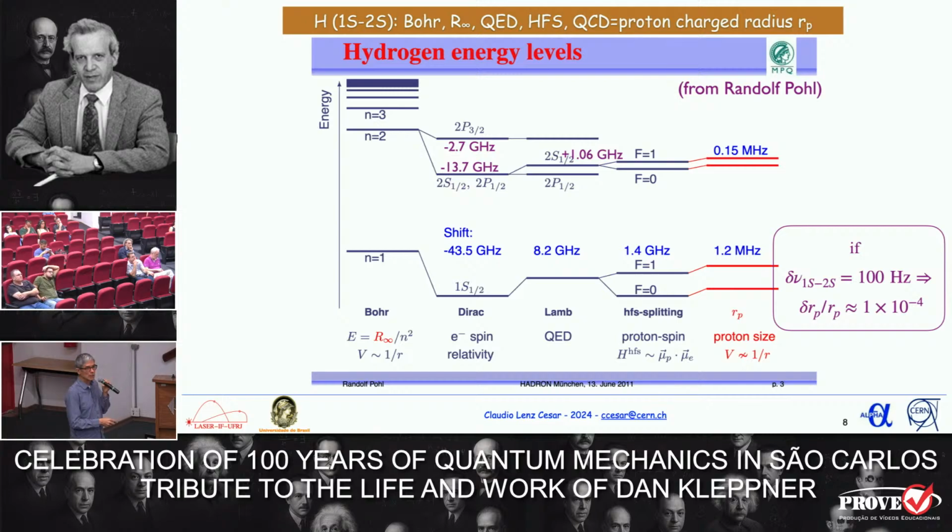If you include the Lamb shift, QED corrections, then you get also shifts. And then if you include the hyperfine splitting, and you put in a magnetic field, and so on and so forth. Now, finally, this transition is an S-state wave function, and people who have studied quantum mechanics already know that in the S orbitals, the electron penetrates the nucleus. So this transition is sensitive to the proton size.